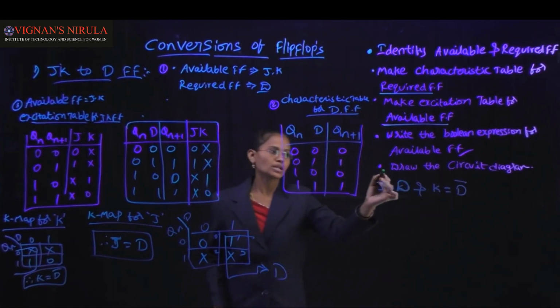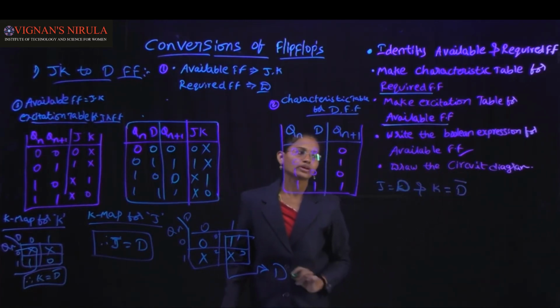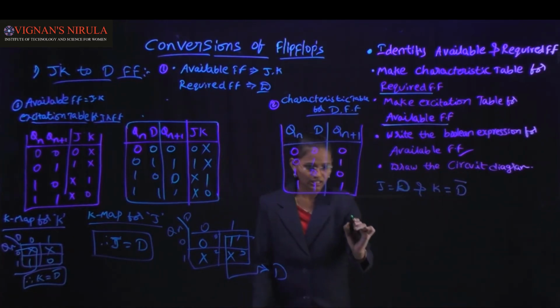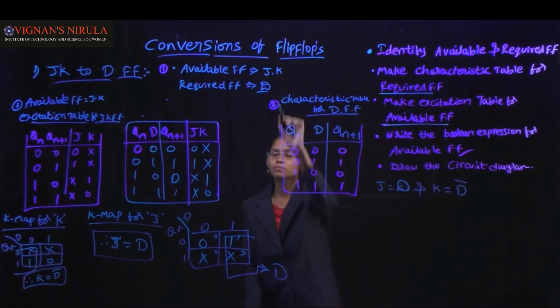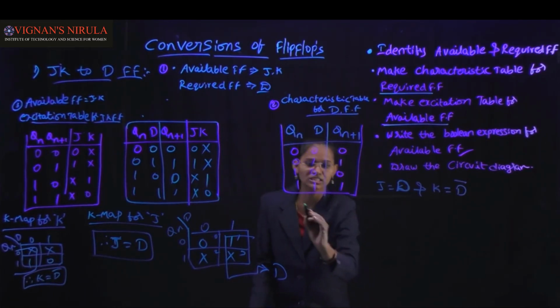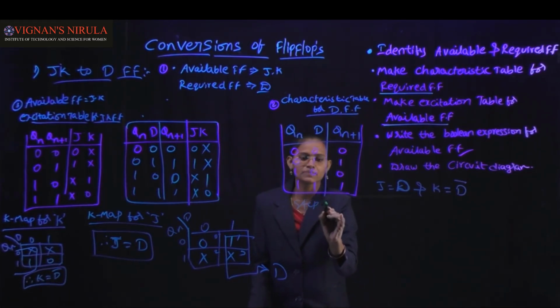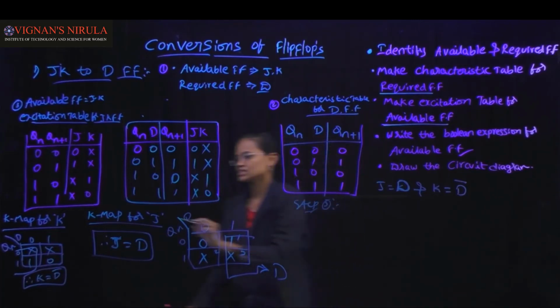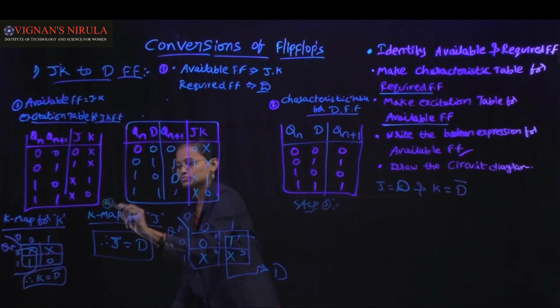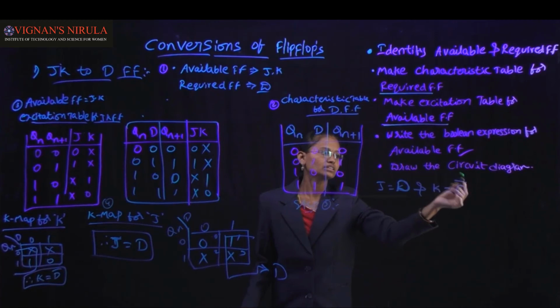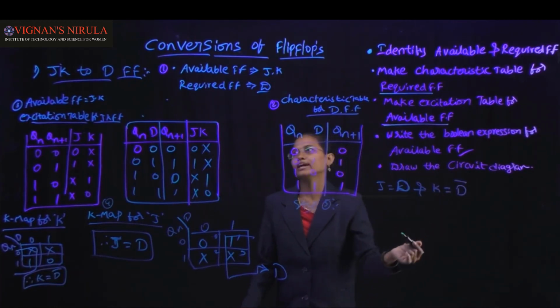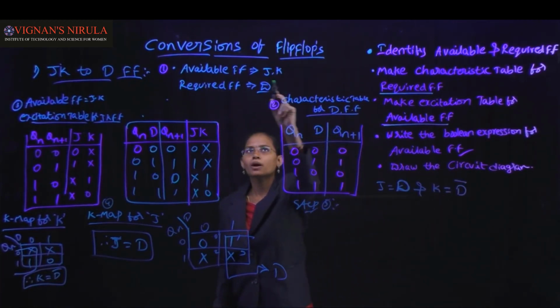And fifth step is draw the circuit diagram. Okay, here using the available flip-flop is JK. This is the step 5 and this is the step 4. What is step 5? Draw the logic diagram, circuit diagram. Here available flip-flop is JK.